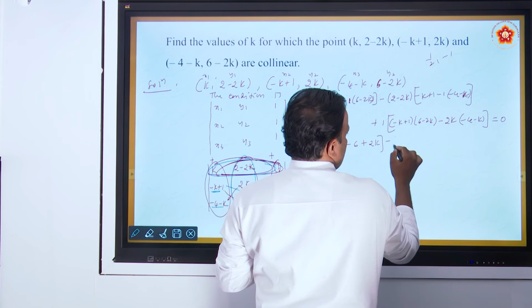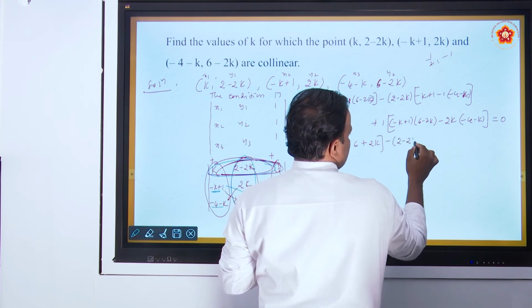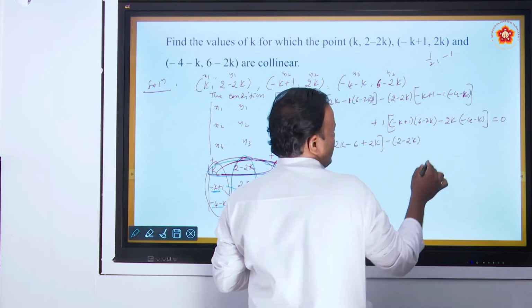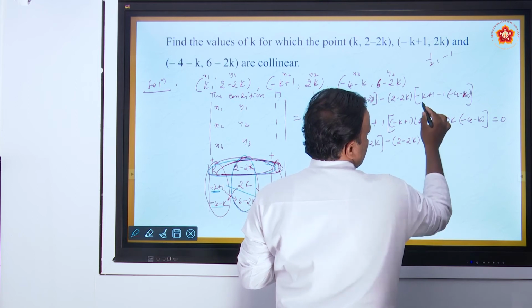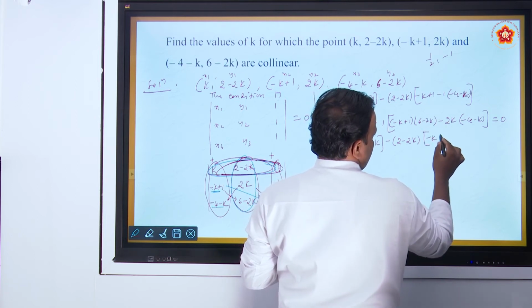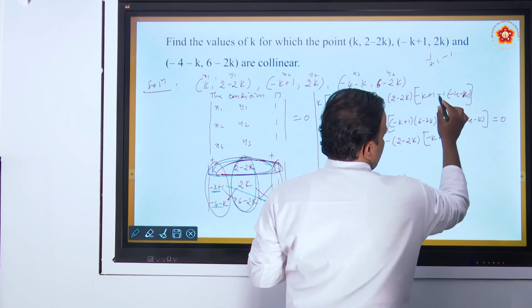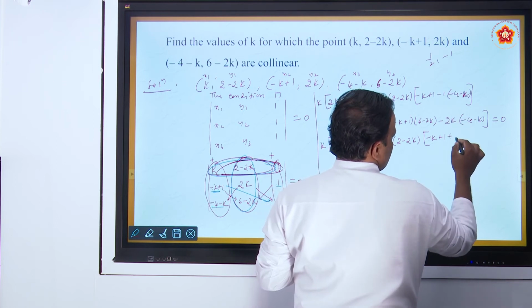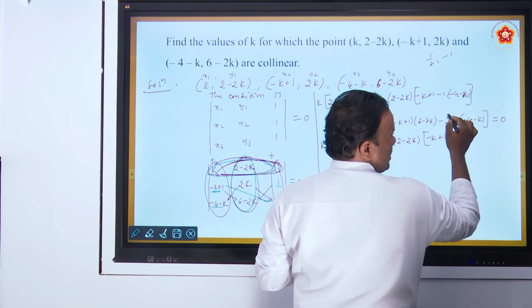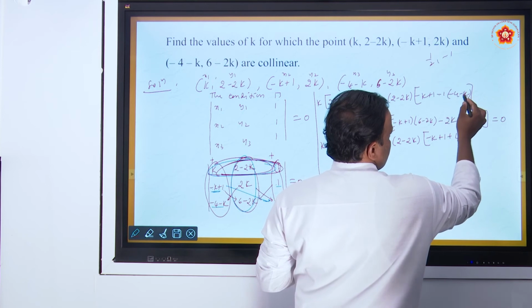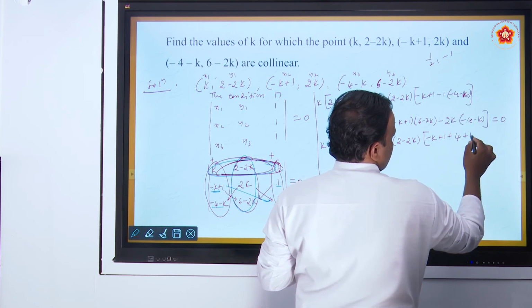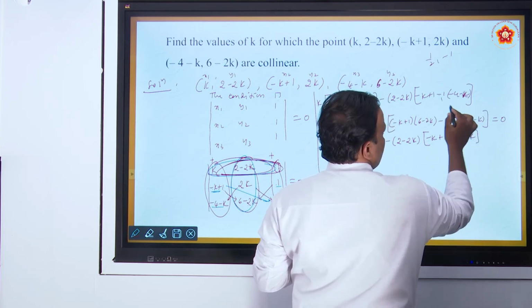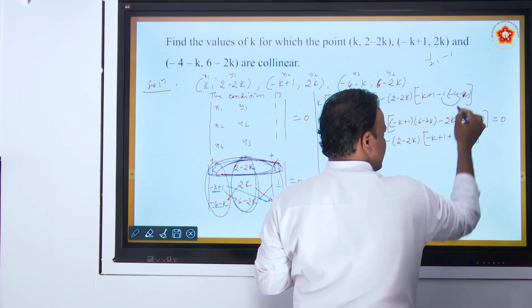Now minus 2 minus 2k as it is. Then here, minus k plus 1 as it is, minus 1 into 4, minus 4, this is plus 4; minus 1 into minus k becomes plus k.